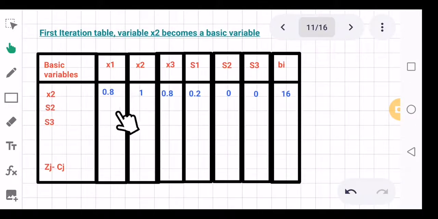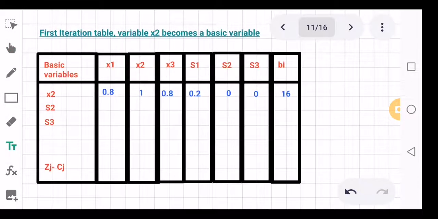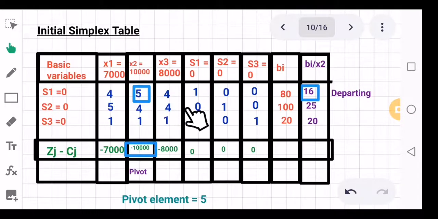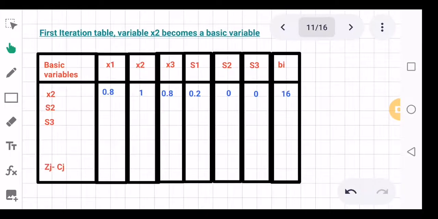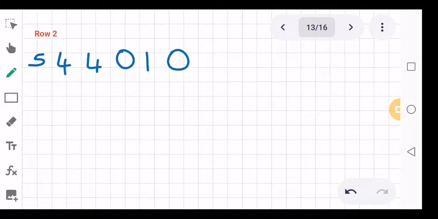Now we are going to calculate for row number 2, the second row. First we have to note down the values of all these things. Let us note it down first: 5, 4, 4, 0, 1, 0, 100.